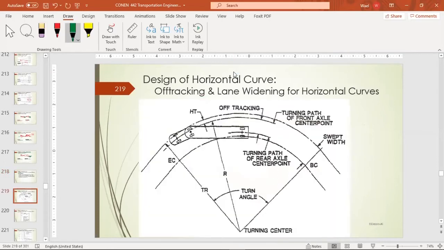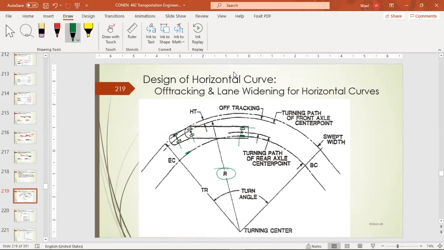For example, if that's a truck and it's driving straight, this is going to be the wheel tracks. But if it's turning, this is going to be its wheel track. And that depends on the radius and on the geometry of the design vehicle.